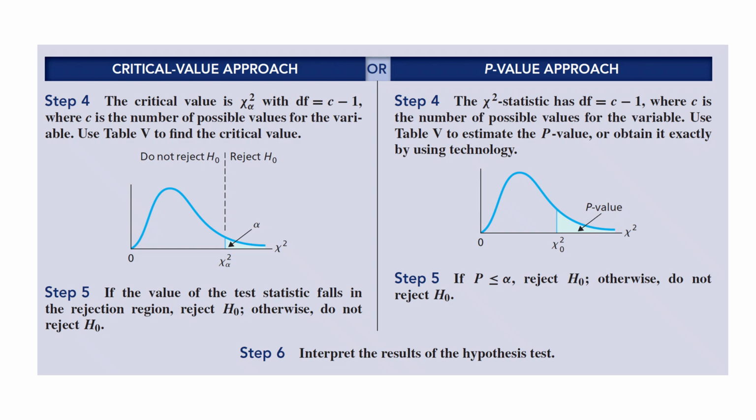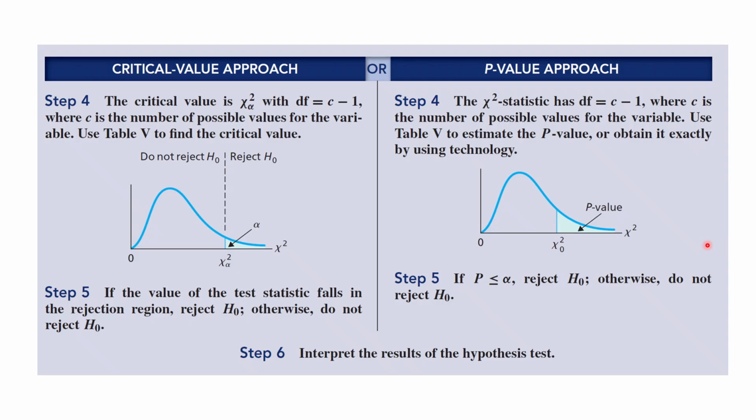With the critical value approach, what you're going to see is that our DF is equal to C minus 1, where C is the number of possible values for the variable, okay? Now, we're also going to have that for our p-value approach. But with the p-value approach, I don't often make you guys estimate it. I'll get you to use the critical value approach, or I'll give you the p-value, or you can use technology.